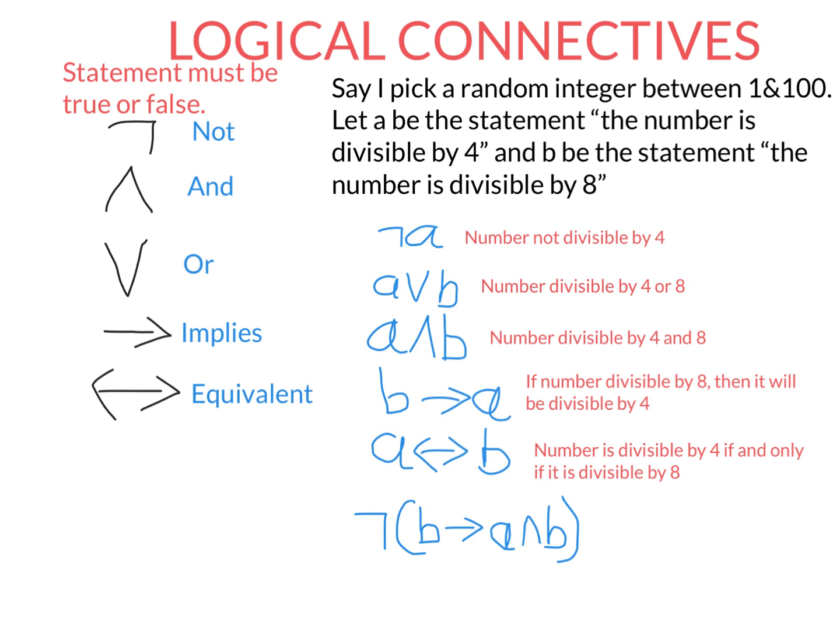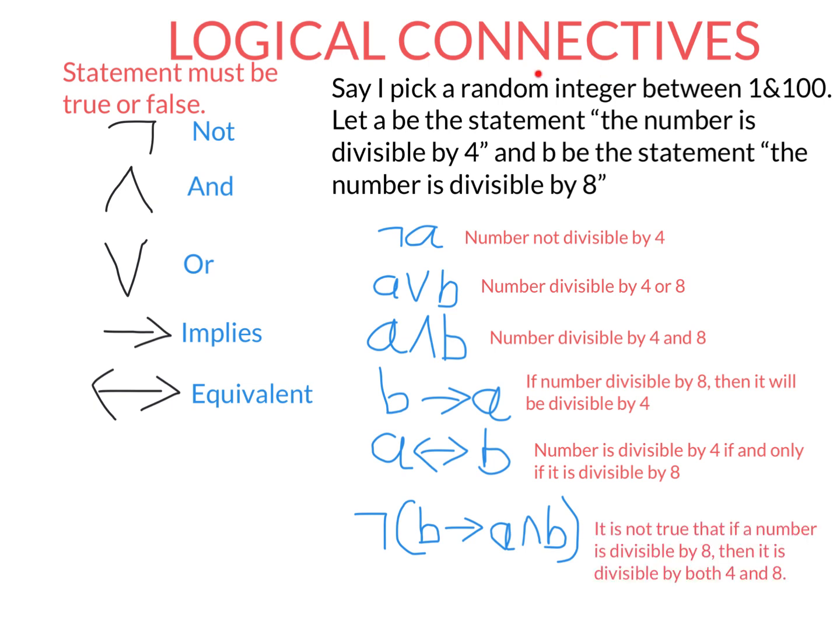Just like for arithmetic, brackets change the order of the logical connectives. We do the brackets first. Inside the brackets, we have implies and we also have and. And comes first, so we evaluate this first. So this is saying A and B first, then B implies A and B, and then not the whole statement.